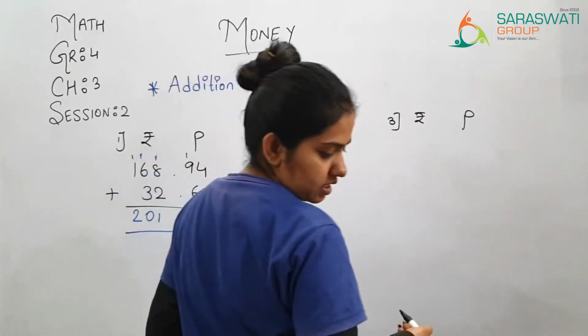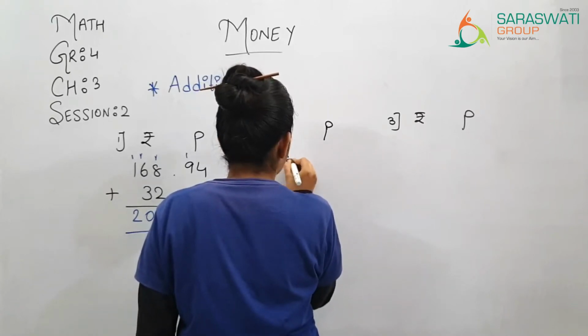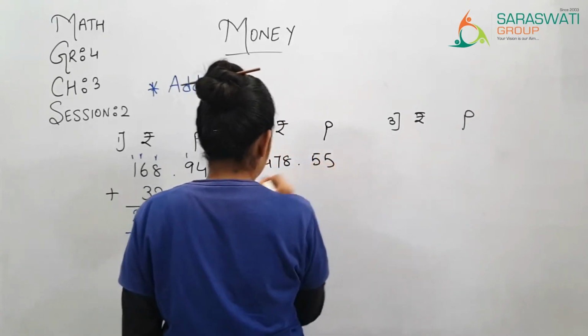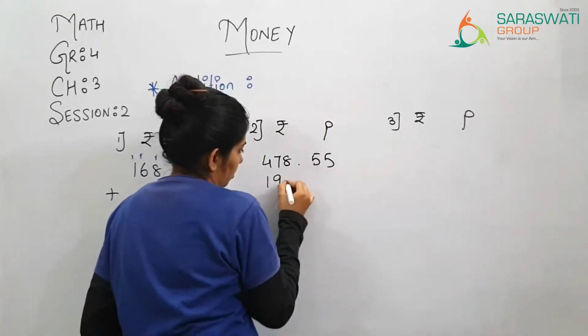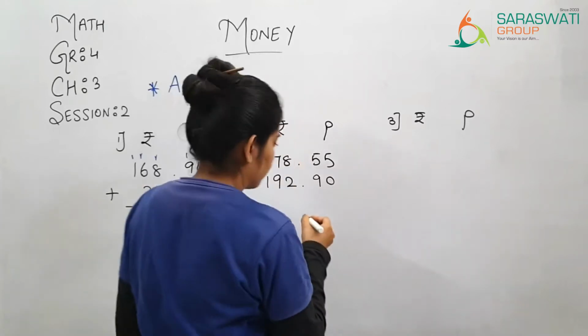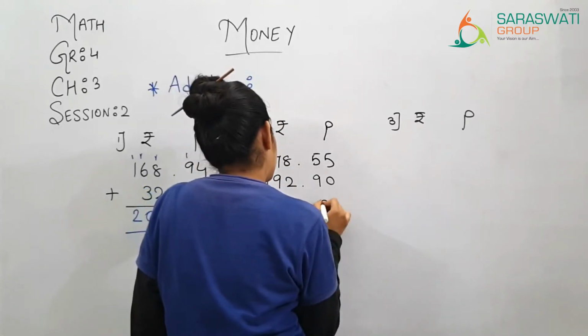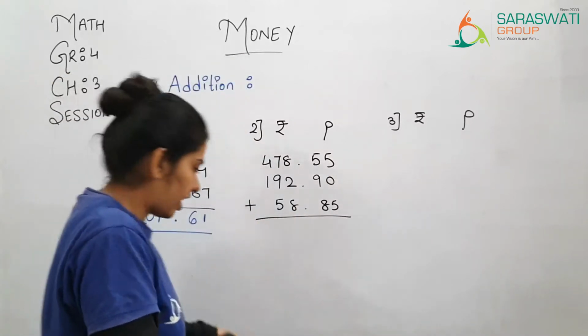Now the next is, so you can see now we have 3 digits, right?